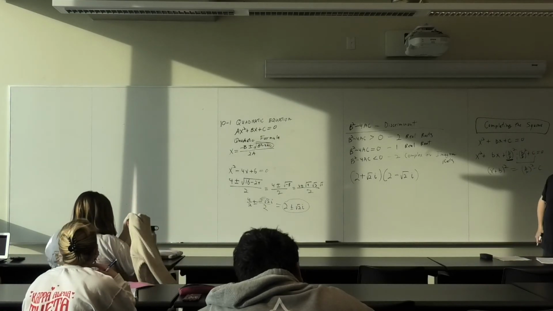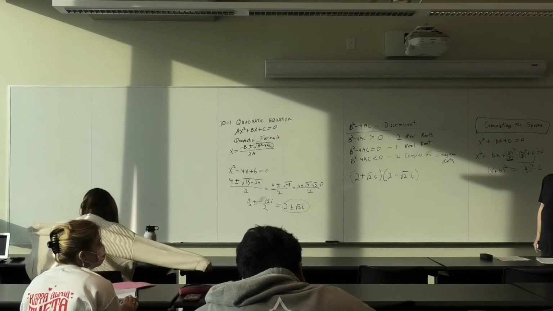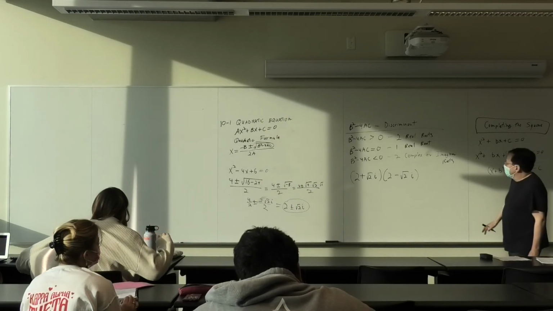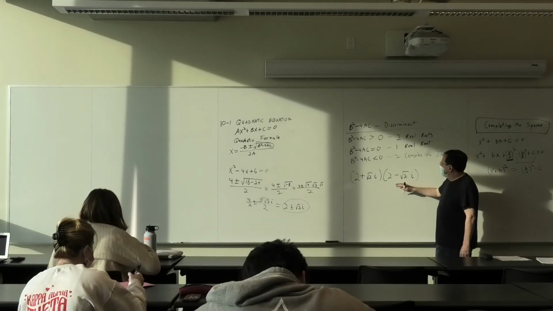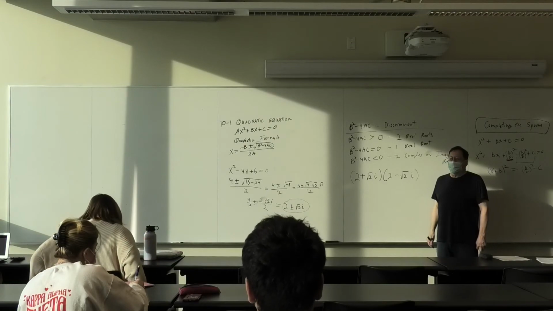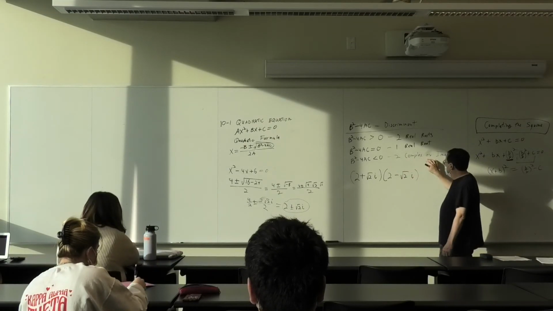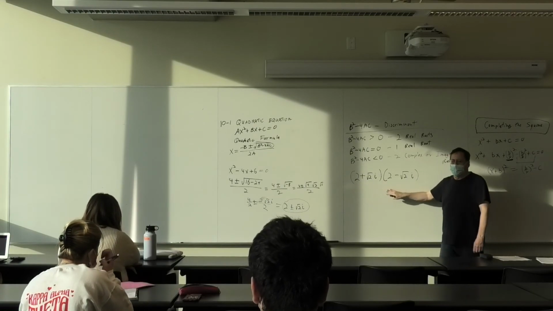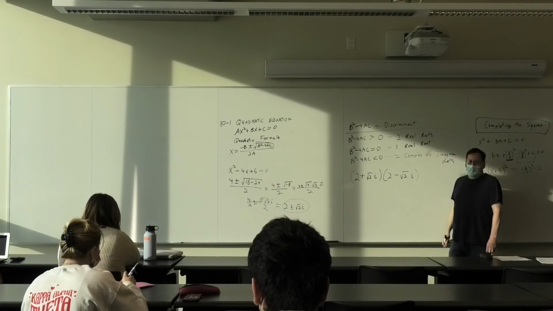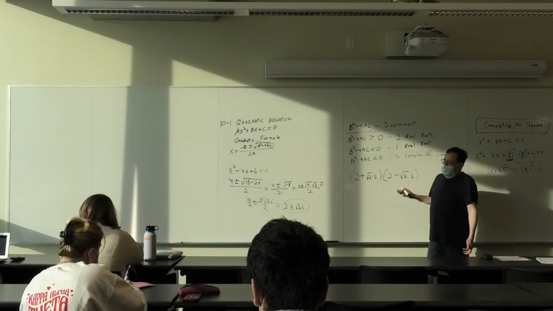We talked about this on Tuesday. These are complex conjugates. If you have complex roots, they will always be complex conjugates. That means if we multiply these together, we're going to get a real number.